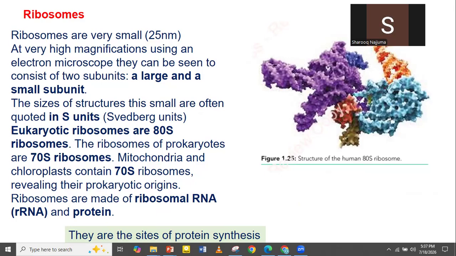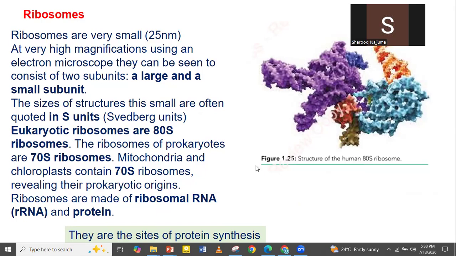No one will ask you about the details of why those units are used, but just know that those are the units that are used to measure ribosomes. Some ribosomes are large, like the ribosomes in animal cells, so they are called 80S ribosomes, and those in prokaryotes, in the bacteria, are small, so they are called 70S ribosomes.